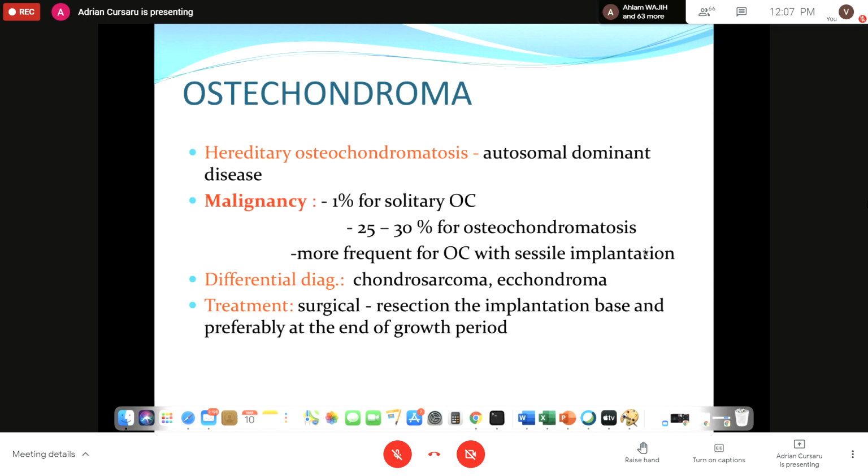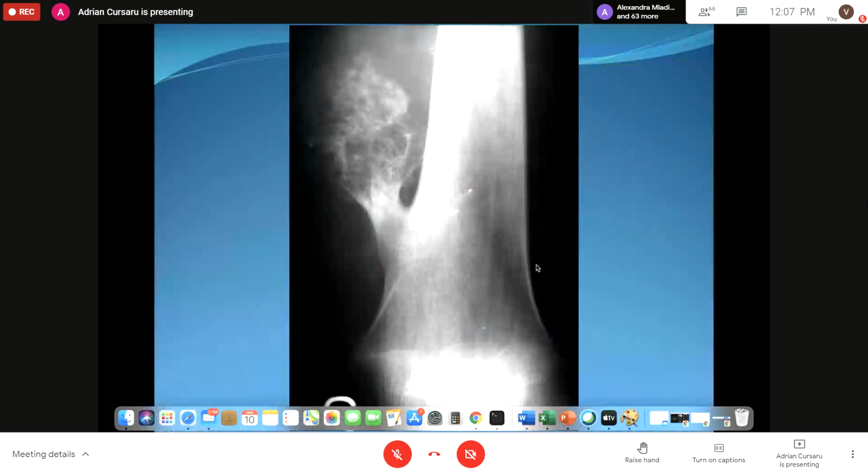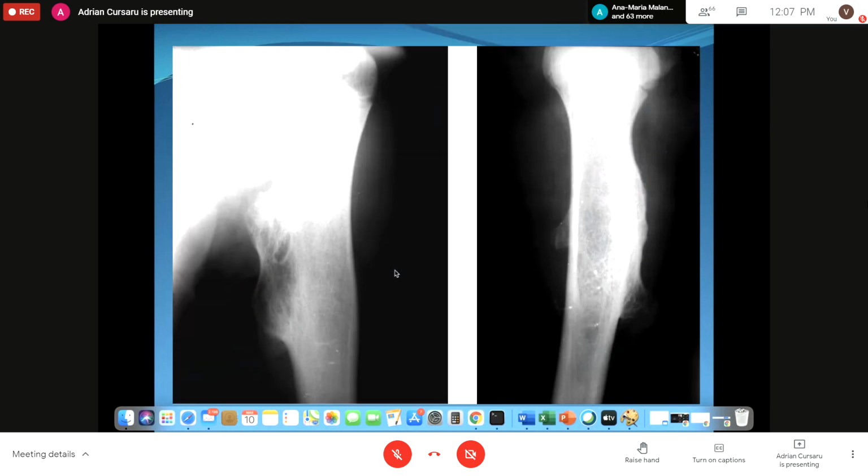What's the correct treatment? The correct treatment is just surgical in these cases. The resection at the base of the implantation of the tumor is enough. You will have to make a resection here in the normal bone tissue, and that's all right for our evolution.